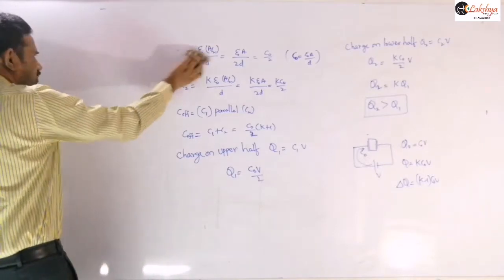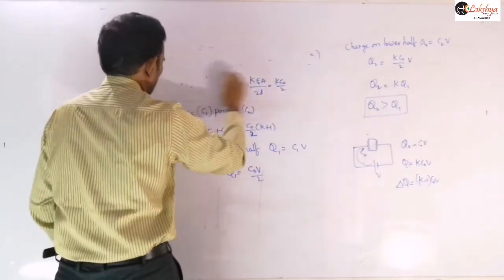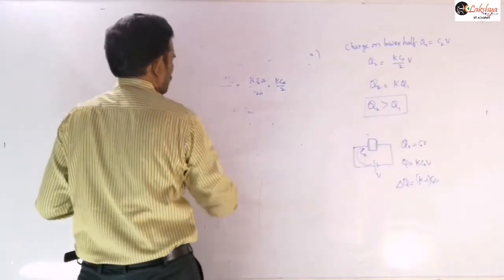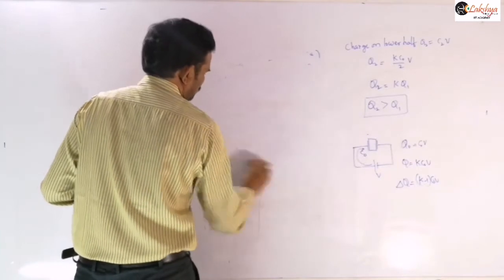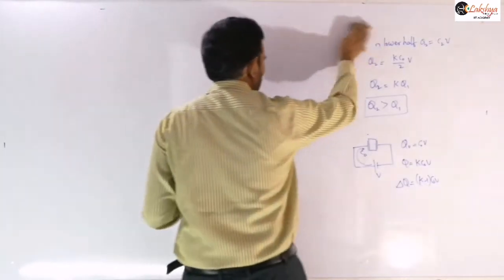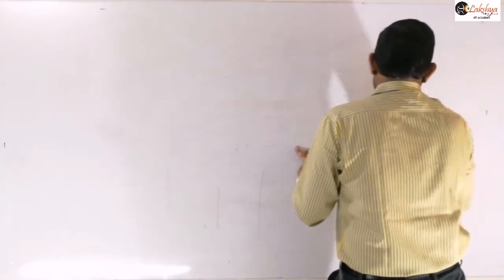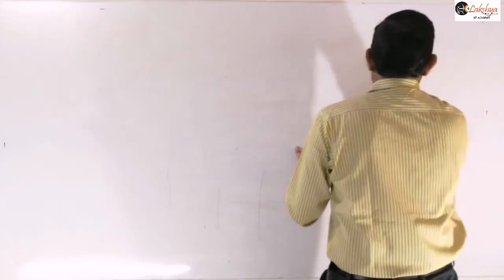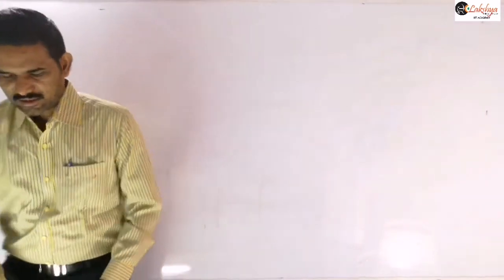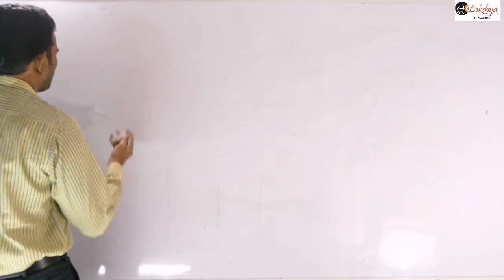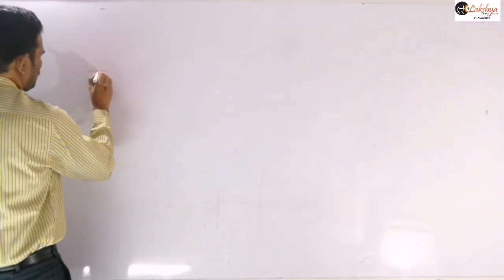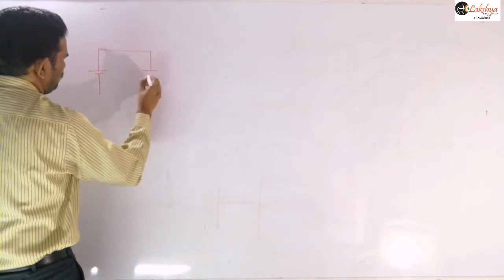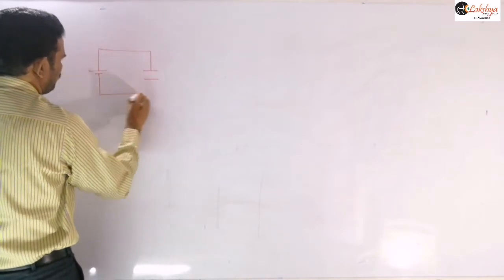Next, let us see some energy related and work done related questions. A simple question will be like this: two identical capacitors are connected in parallel with a cell like this.